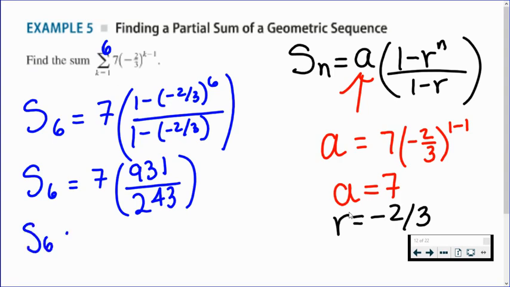So the sum in this case is an approximate of 3.83. I didn't have to do all the math on the side. If we only look at the formula on the top, I knew what the first number was going to be, and I also knew the ratio given.